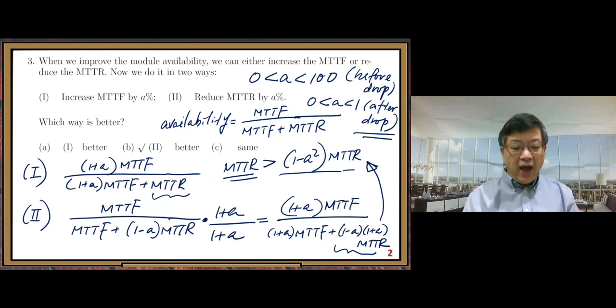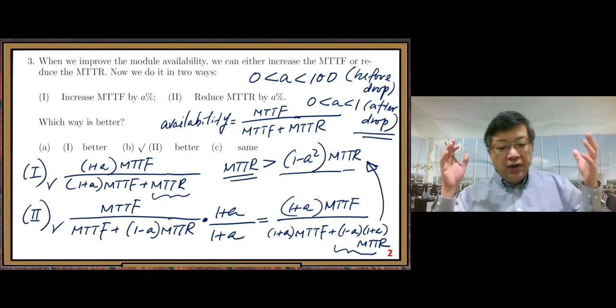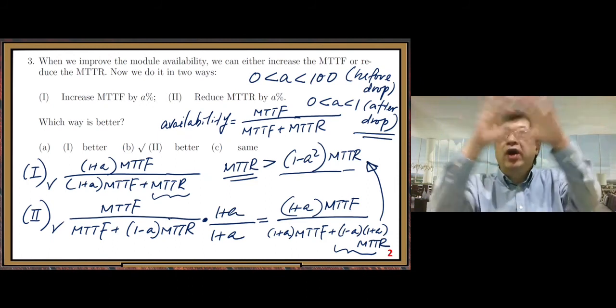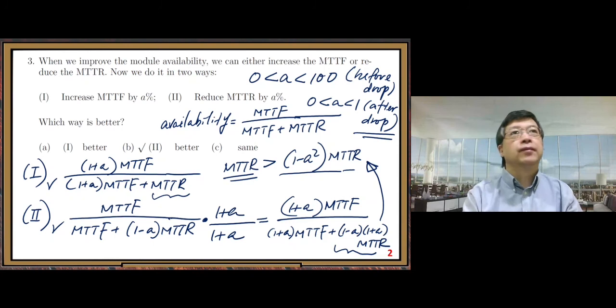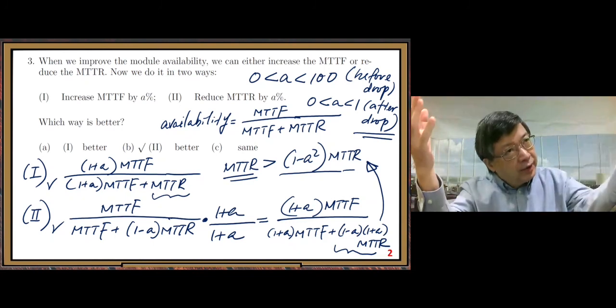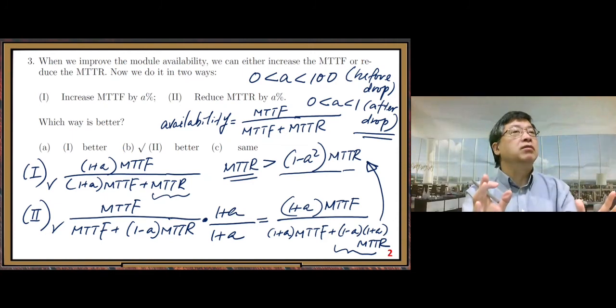Then if we compare 1 and 2, we know case 1 denominator is greater than case 2 denominator. If the denominator is greater, then the fraction value is smaller.